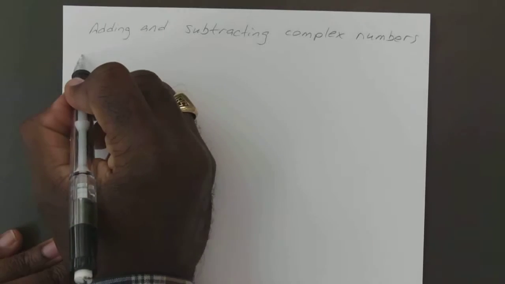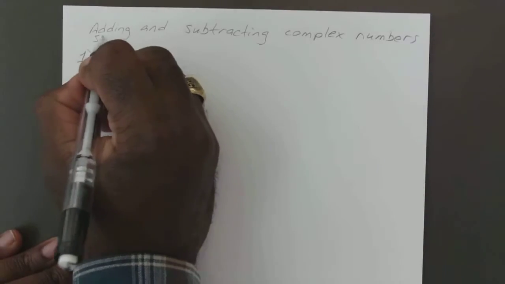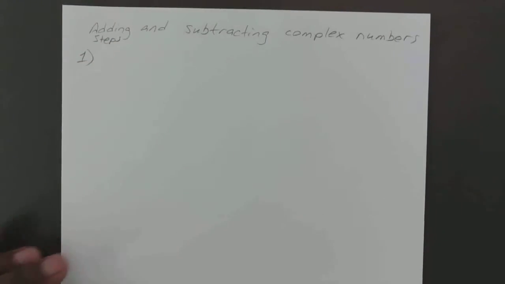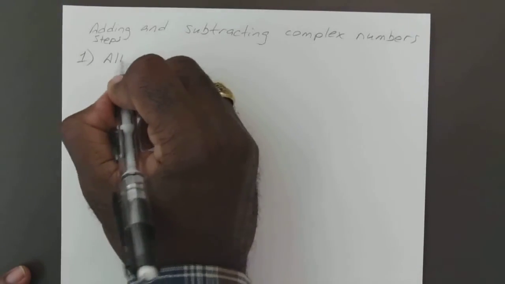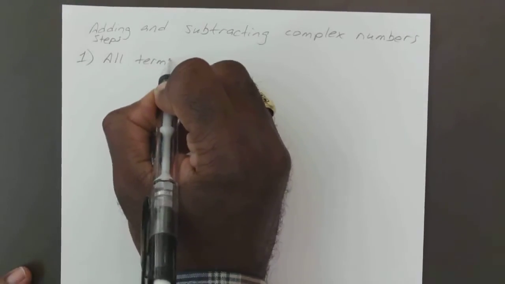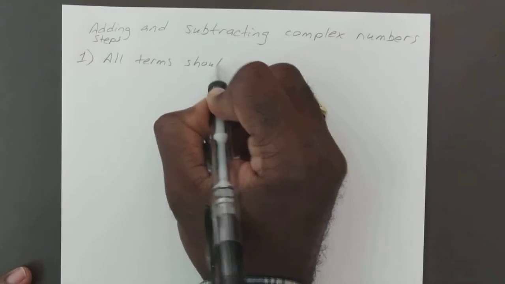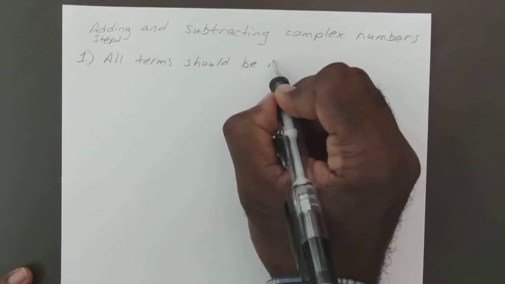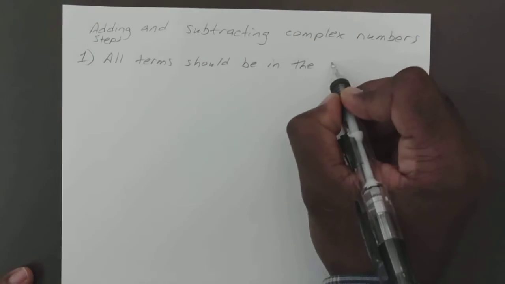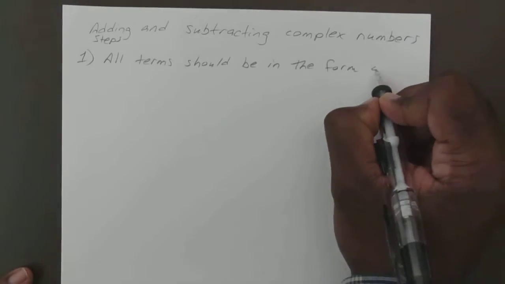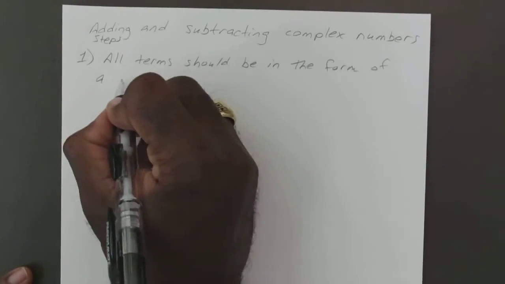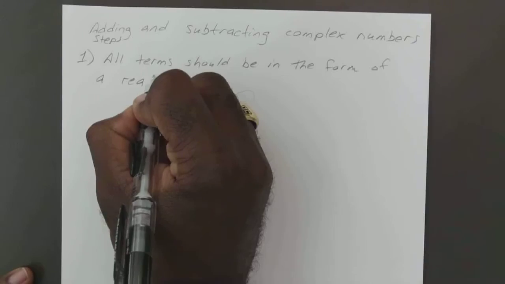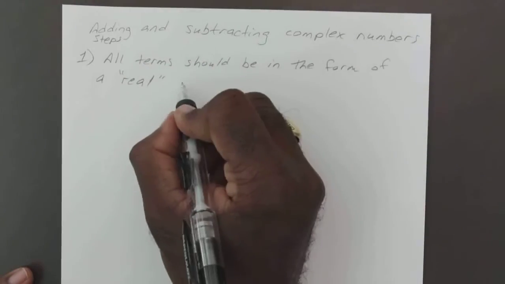Okay, so the first, well, I guess you can call it steps. The first thing you want is for it to be in a plus bi form, so all terms should be in the form of a real or imaginary number.